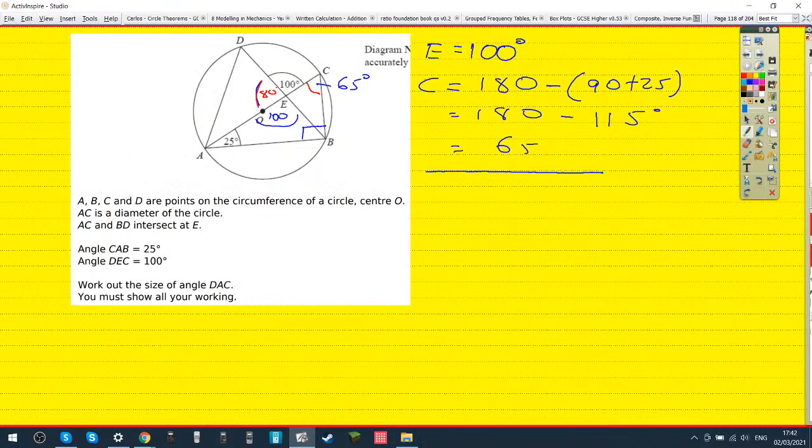And so this is the same idea. Oh, so that is the same as A? What is the same as A? Is C. The other side of A. No, these two up the top are the same as each other. They're both on the same arc.